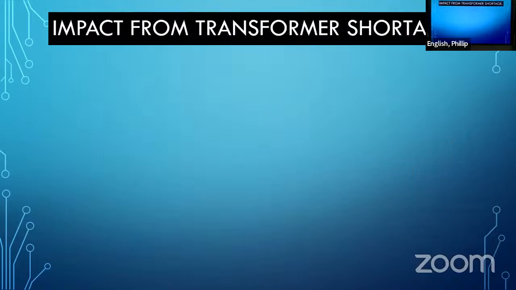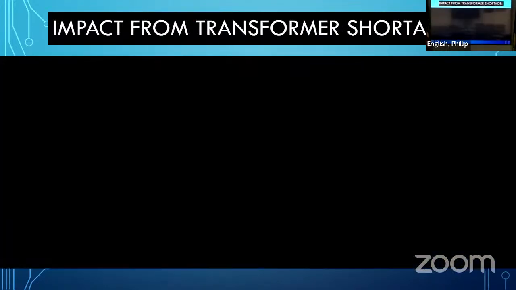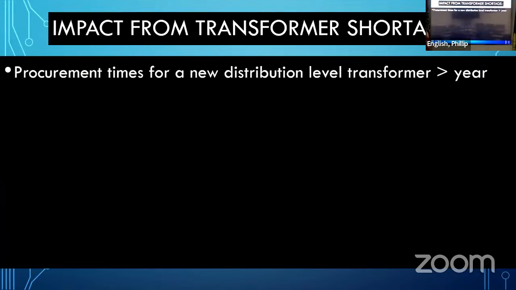Impact from transformer shortages. Procurement times for a new distribution level transformer is over a year. It was 3 months in 2020. Also, average costs have increased significantly. Another impact, new construction sits unfinished awaiting connection to the grid.